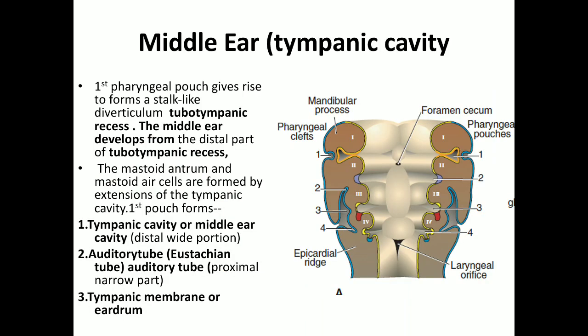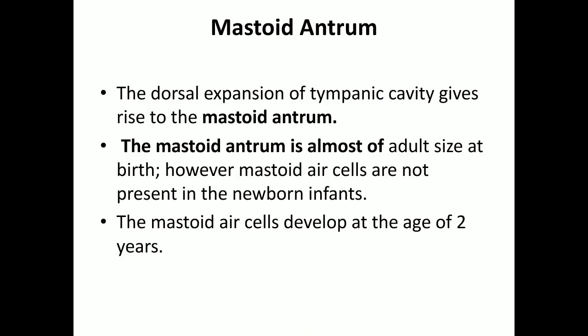Now coming to the middle ear cavity, or the tympanic cavity. The middle ear cavity, the auditory tube and the tympanic membrane all develop from the tubotympanic recess. Now the mastoid antrum.